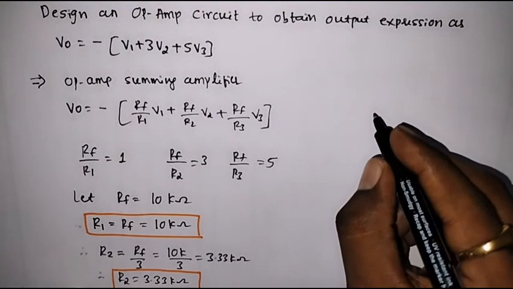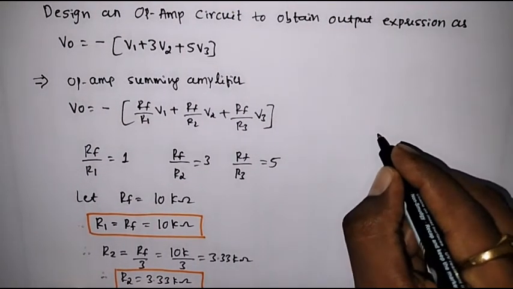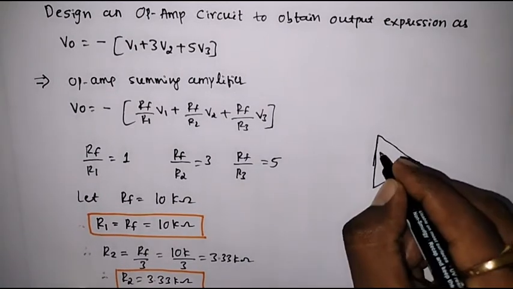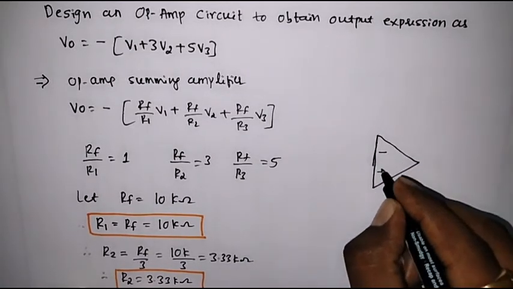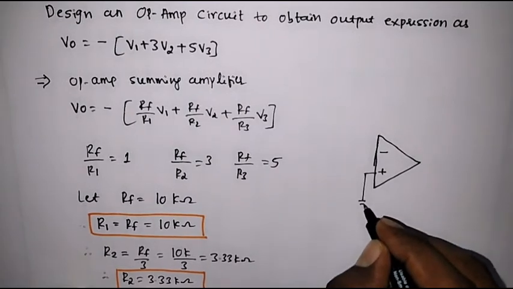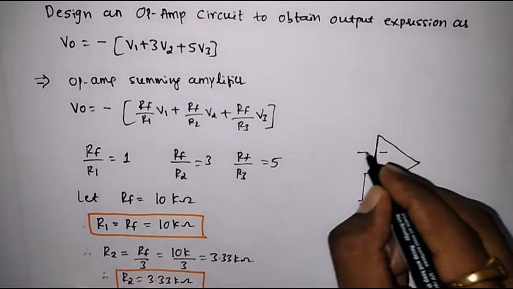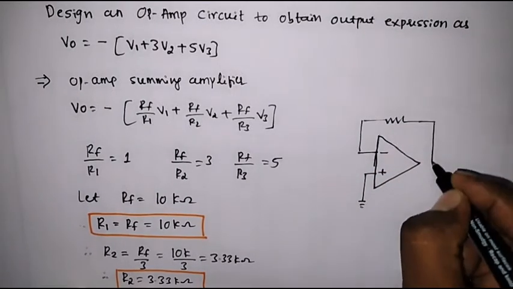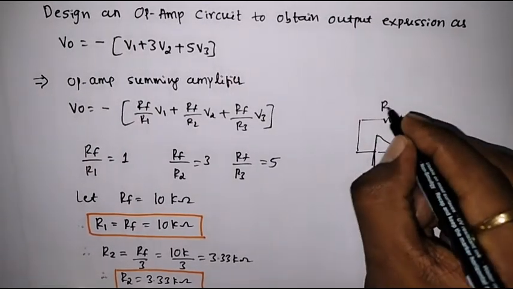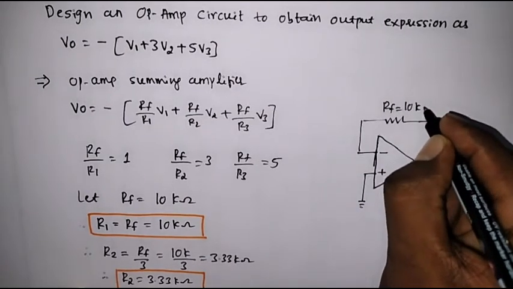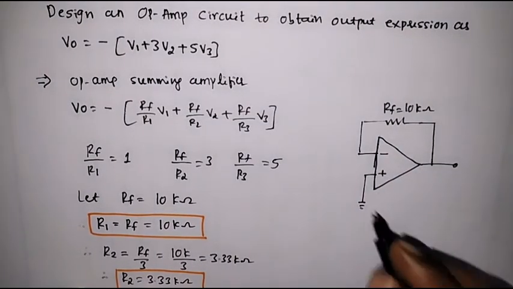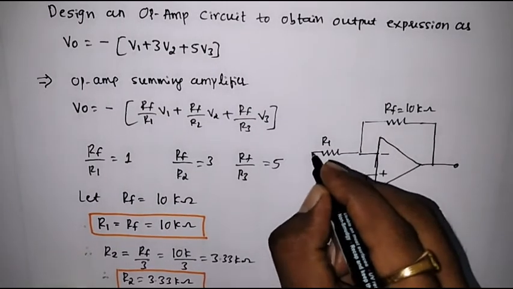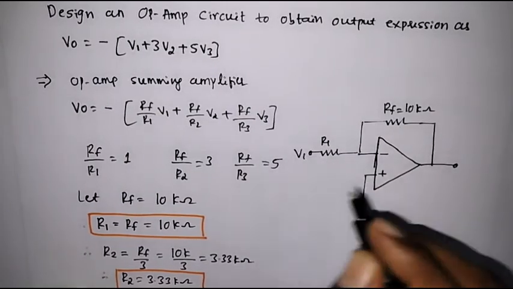I'll draw the circuit here. This is negative, this is plus, the non-inverting terminal is grounded, and to the inverting terminal a feedback resistor is connected, and its value is RF, which is equal to 10 kilo ohm which we have assumed, and here we have R1 with voltage V1.